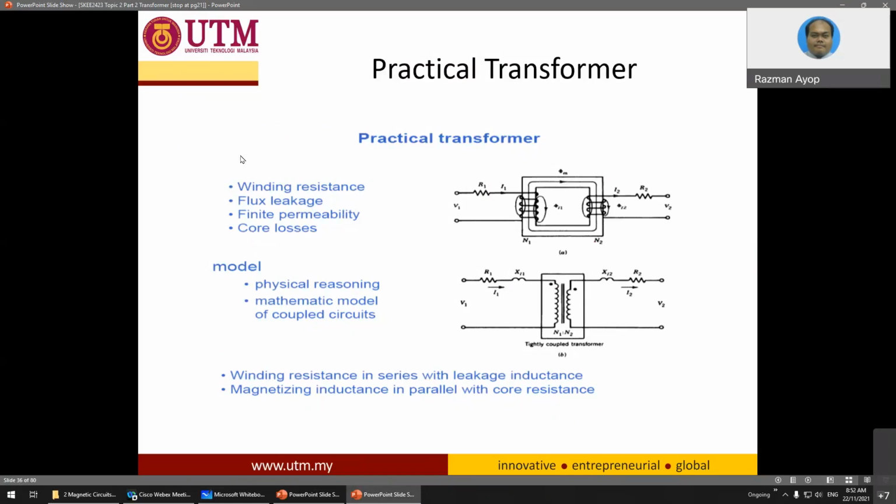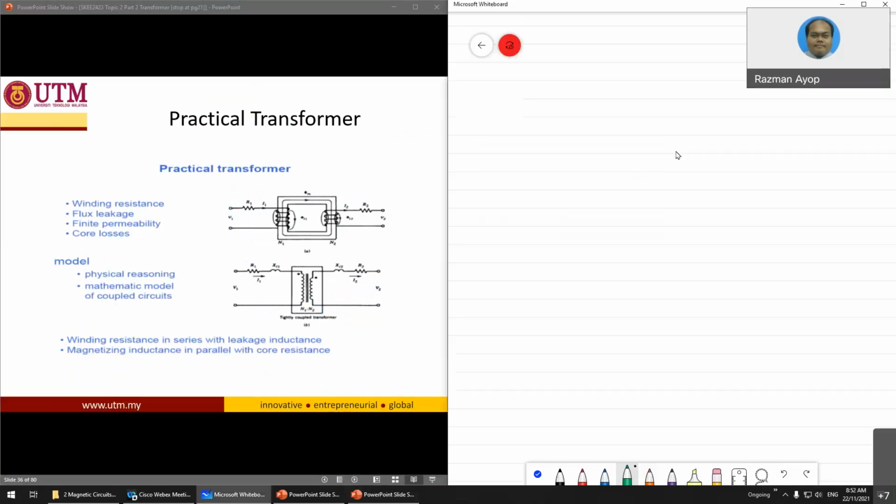Because of these four things, you have to include them inside the model. So if you see here, let me draw this.